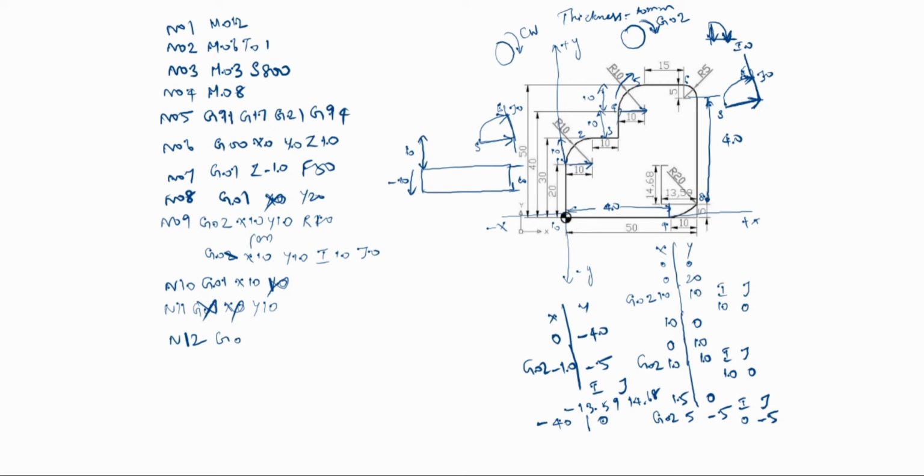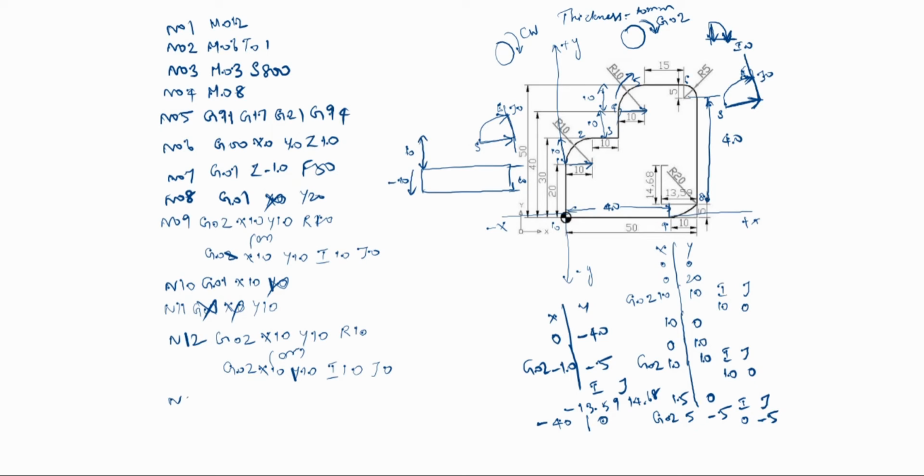G02, X10, Y10, R10, or G02, X10, Y10, I10, J0. Up to here we finish. So this way. This is linear, so G01.